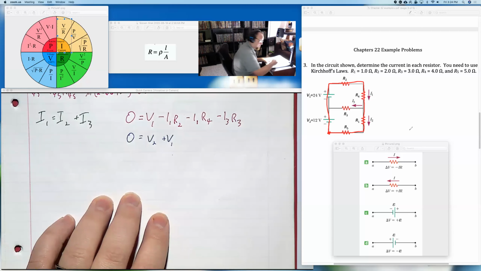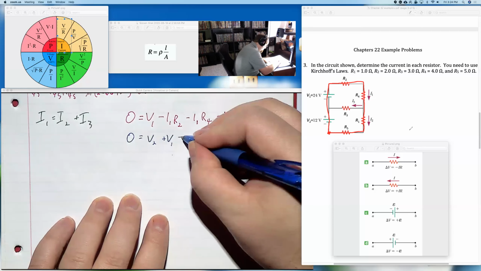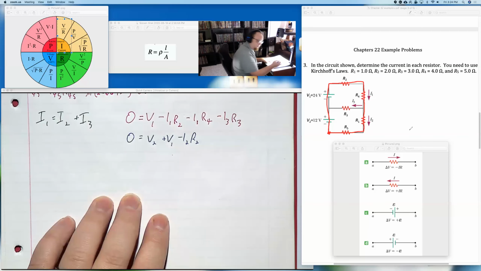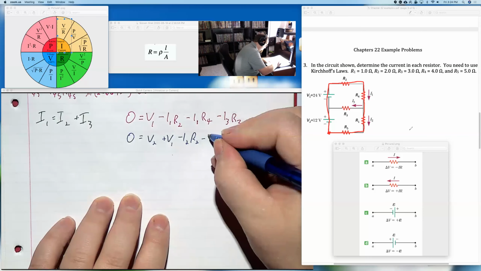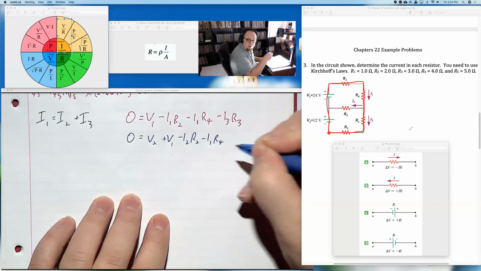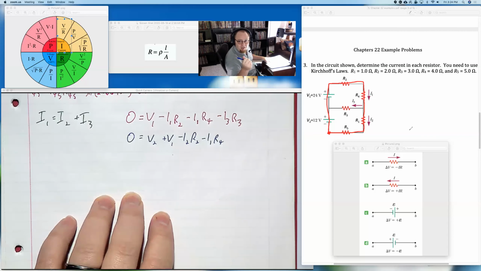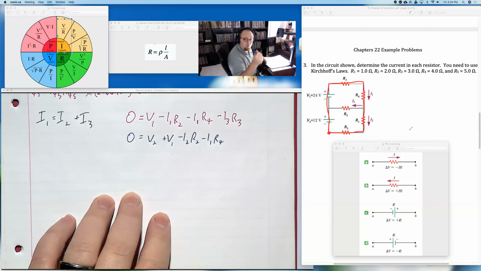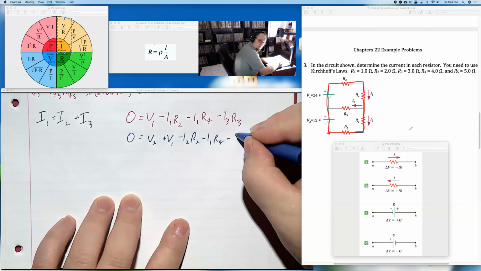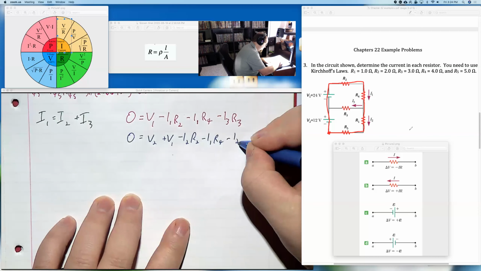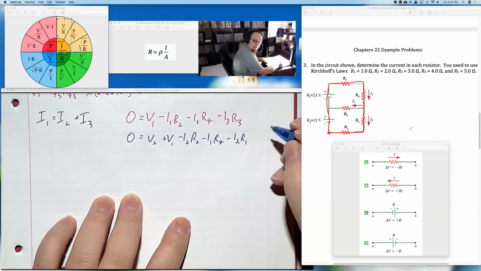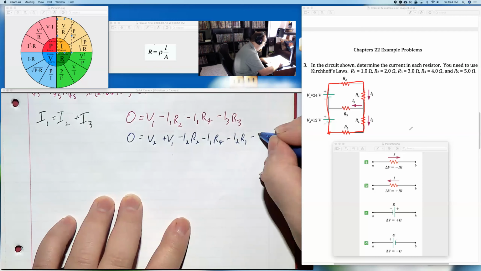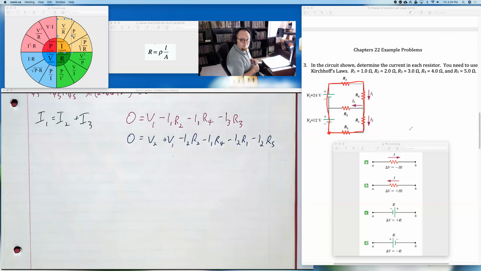Then I go over R2 with the current, then R4 with the current. Then I'm in the second current area, but I go over R1 with the current, and then R5 with the current. And there's my second equation.